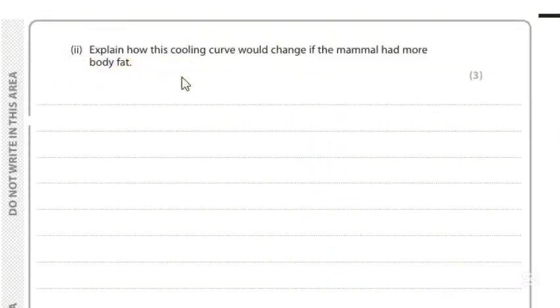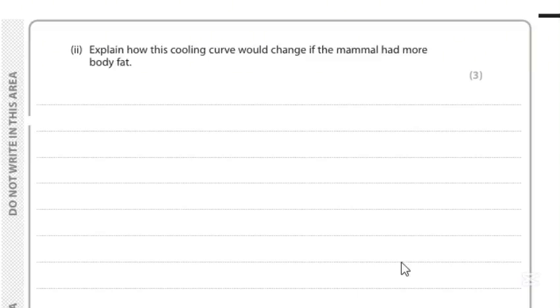Explain how this cooling curve could change if the mammal had more body fat. If the mammal had more body fat, then the temperature would decrease more slowly, and we would see some visual changes in the graph, where the gradient would be less steep, because the body fat will keep the body warm.